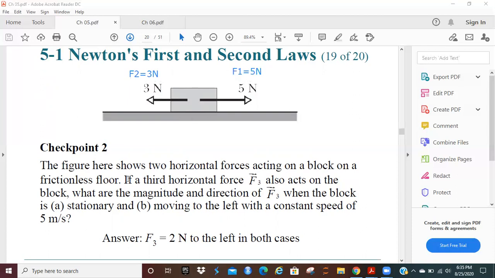So let's take a look at part A. If the block is to be stationary, what has to be true about these particular forces? Or about the net force, I should say. If the block is stationary, what's going to be true about the net force?